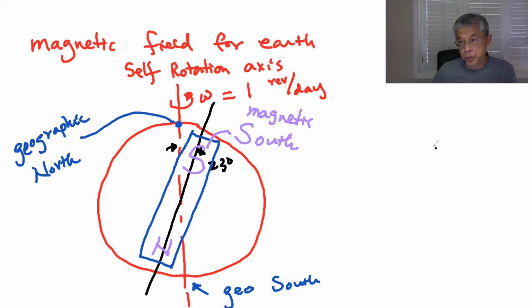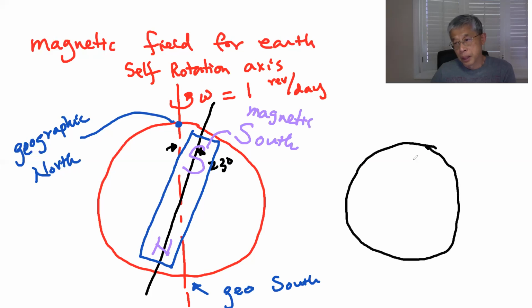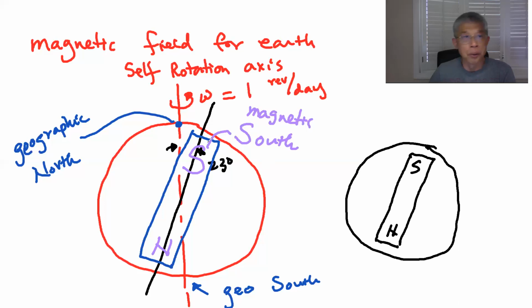So let's just redraw another one there. Let's say we call this one here the magnet inside the Earth. So this is north and this is south. Don't look at this circle now, just look at this bar magnet. Then you know the magnetic field line is going to look like this.